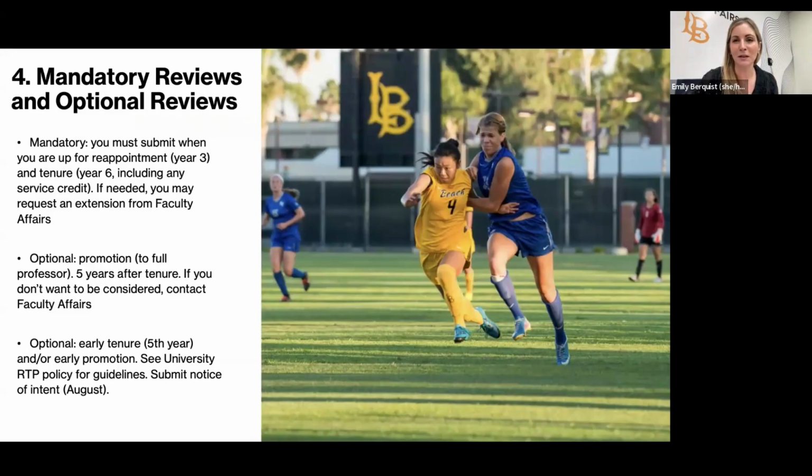But of course, my advice to everyone is to go up for your tenure and promotion as soon as you are able, because why not get the salary increase? So it's mandatory to submit for year 3 when you're up for reappointment and tenure in year 6. If needed, you can request an extension from Faculty Affairs for your tenure.